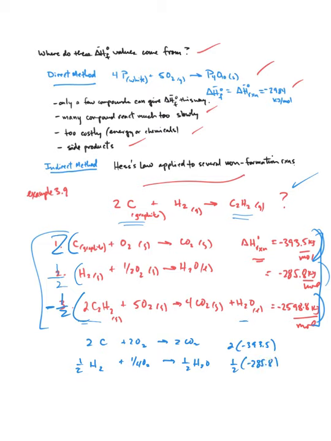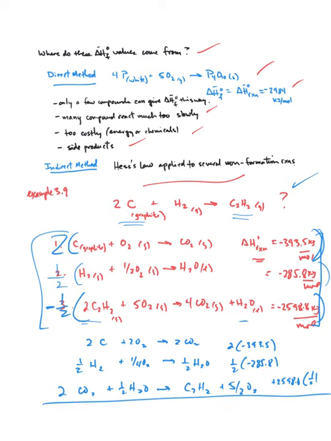And then finally, I want to flip the reaction, so I want to put 2 CO2s plus 1/2 H2O going over to 1 acetylene, and then 5/2 oxygen. So that's going to turn that to a positive 2598.8 times 1/2. So if I add all of that, I've got a lot of canceling to do.